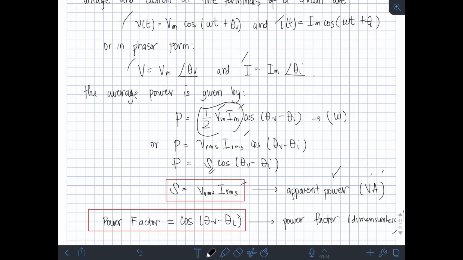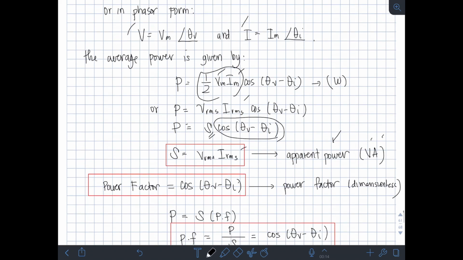Okay? Now, kapag power factor naman, it is equal doon sa cosine theta v minus theta I. So, dito sa P is equal to S times cosine theta v minus theta I, itong cosine ng theta v minus theta I o yung phase difference doon sa angle at voltage, siya yung tinatawag nating power factor. Okay? So, dimensionless siya.